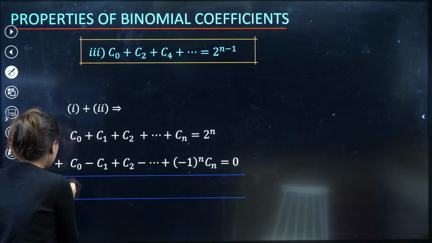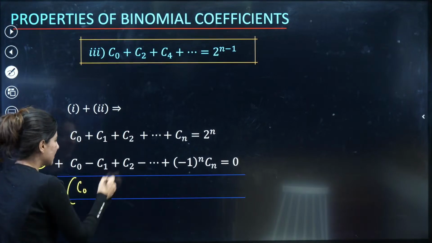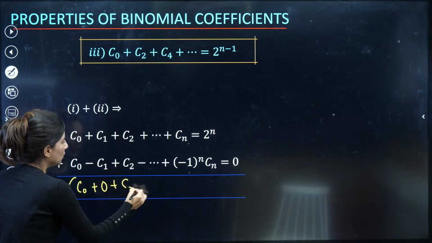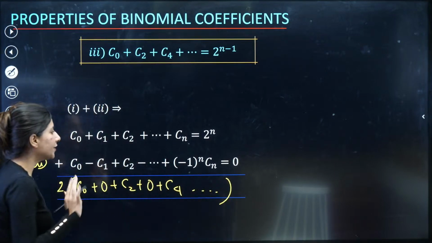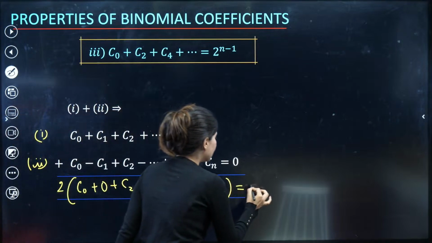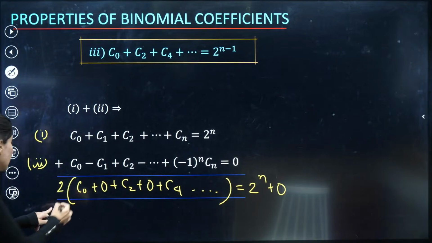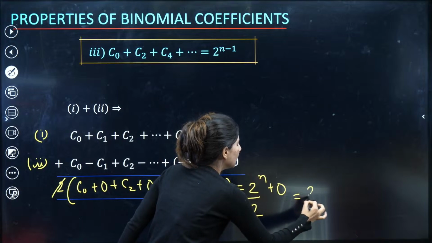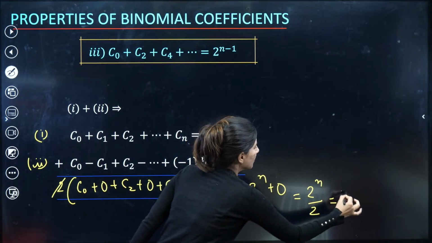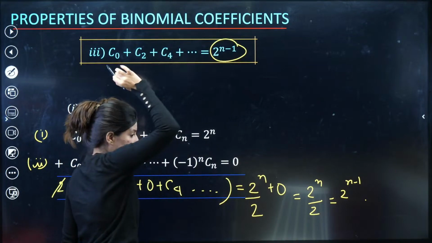So C0 will become twice C0, then C2, then C4, and all the way up, so all the even terms will be there, and on the right, 2 raised to power n plus 0. Now this 2 you don't want over here, so you divide by 2, so 2 raised to power n upon 2, which is 2 raised to power n minus 1.